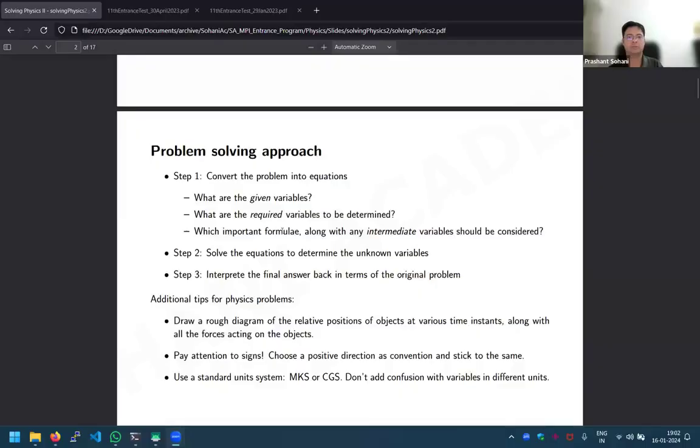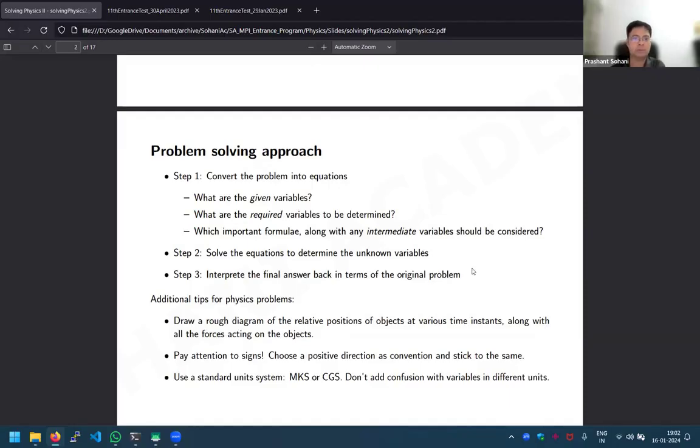Along with that, what are other techniques which I mentioned last time, like, just to share my screen for a minute. So we went through a couple of slides last time where we discussed the ideas to be applied while solving a problem: that we have to convert the problem into equations, choose the right variables, consider the important formulae, solve the mathematics, and interpret the data back into the original problem.